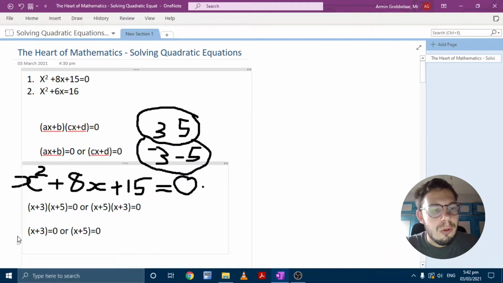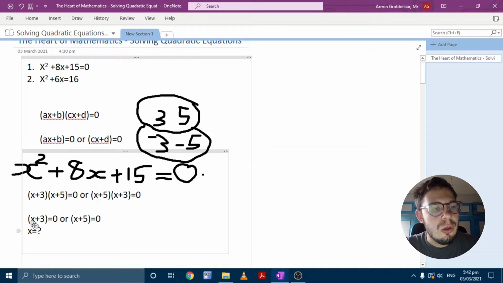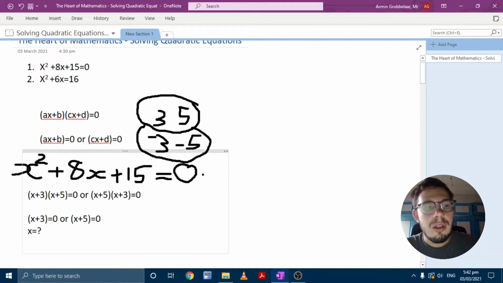So now I have to solve both. On the left I have x plus 3, and on the right I have 0. My goal is to get x equal to some number. So I subtract 3 on the left hand side to get rid of that plus 3.